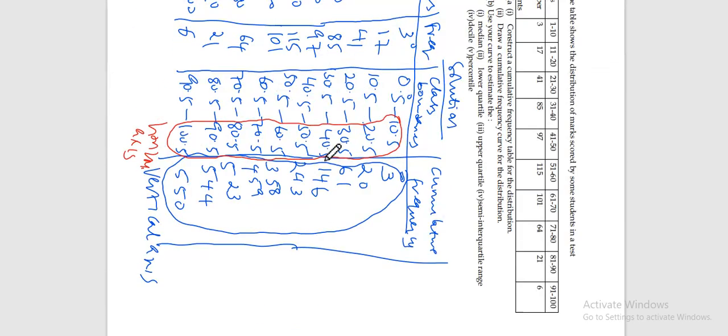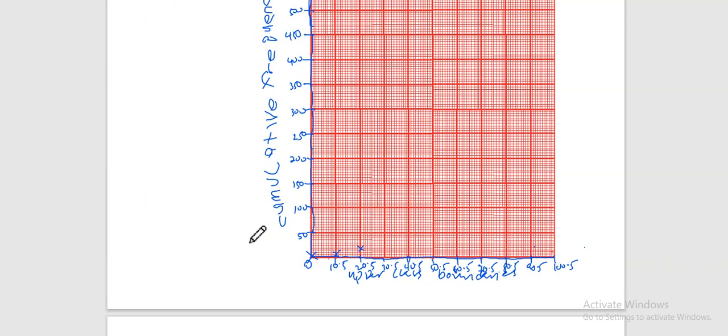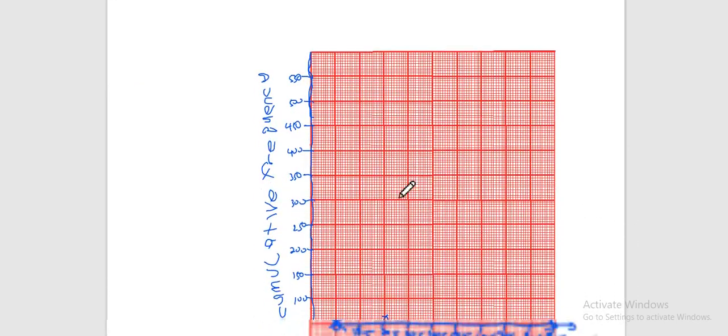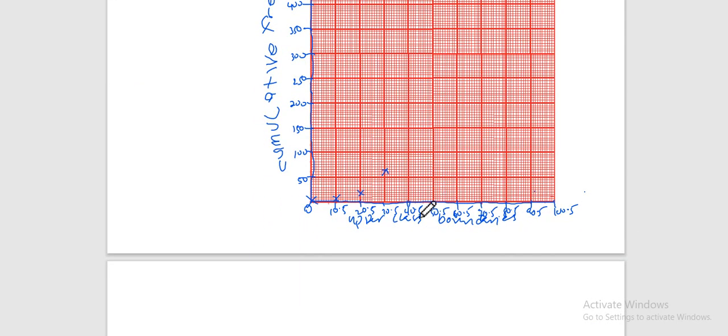Then at 30.5 we have 61. This 50, 55, 61 should be somewhere here, approximately. At 40.5 we have 146.